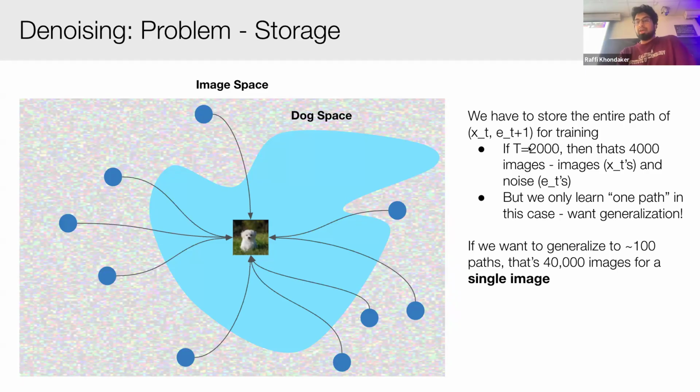So if we have 2,000 steps in our diffusion process, then we have to store 4,000 images for a single image in our data set. If our data set is hundreds of thousands of images large, that's going to increase by a factor of 4,000. So just from a hardware perspective, this is not preferable.